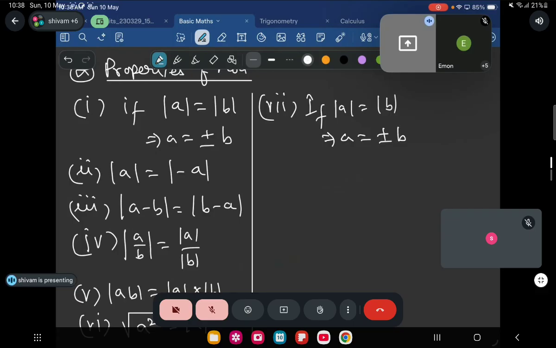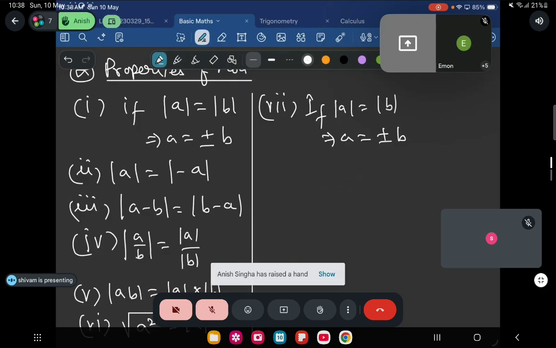Plus minus A is equal to plus minus B, you'll get the same result. But for root over A square, it's plus minus A, right? So what happened to the minus? Oh, it's minus mod A. Yes. Understood?